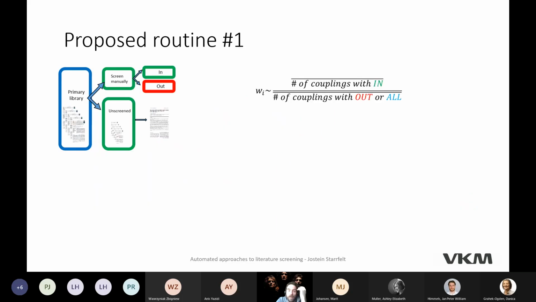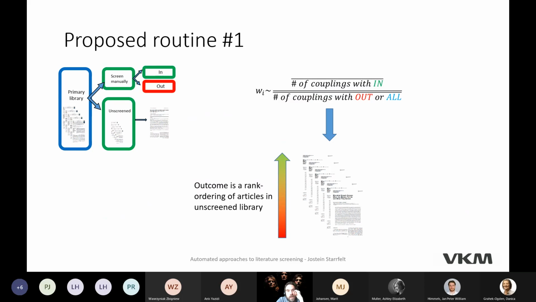I'm not going to go through all of this, but there are a couple of points in this process where you can stop it, depending on how much you want to automate. As I said, you could use the network raw to rank papers in order of externally deemed relevance, and you go through and screen them in the order at which they are preliminarily ranked.